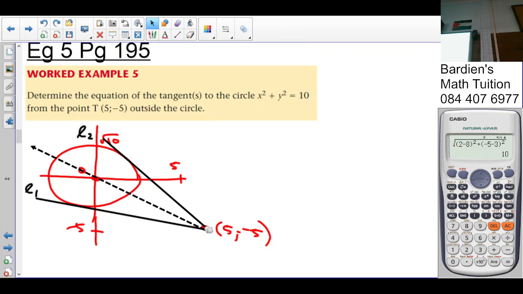We'll see now how that is going to help us. We can determine the equation of that line, not so? Now, we have 2 points and we have the center. Not so? Alright.